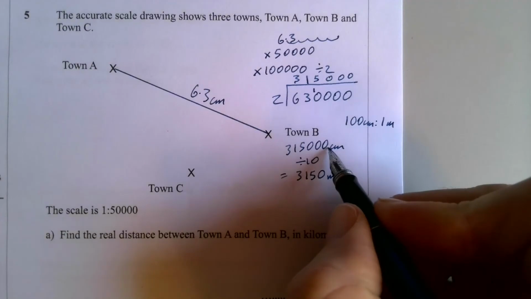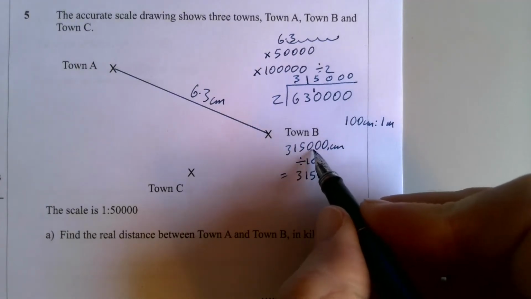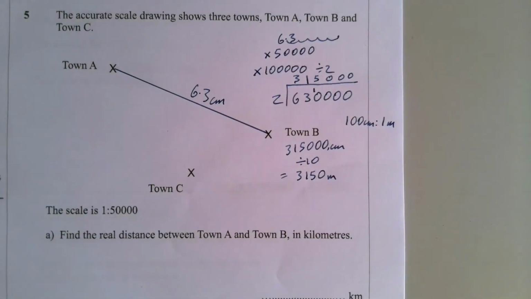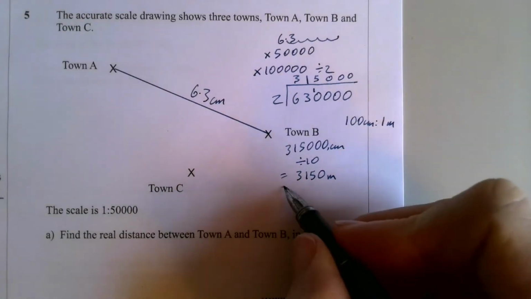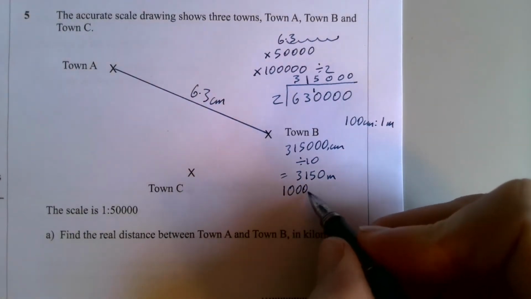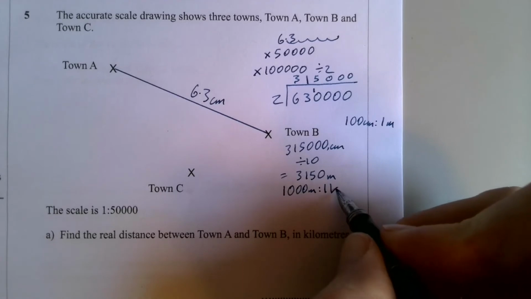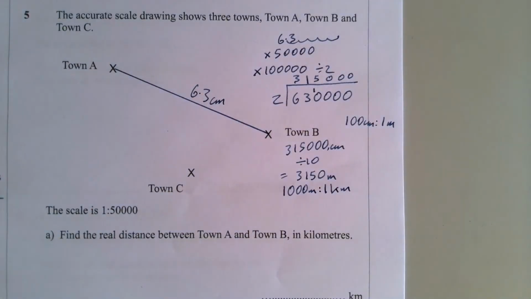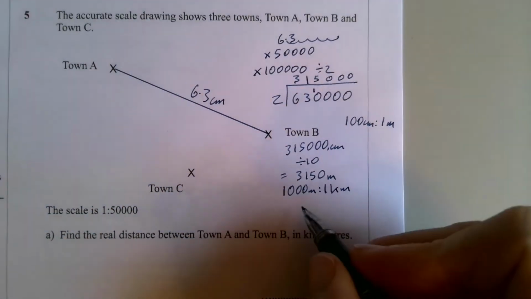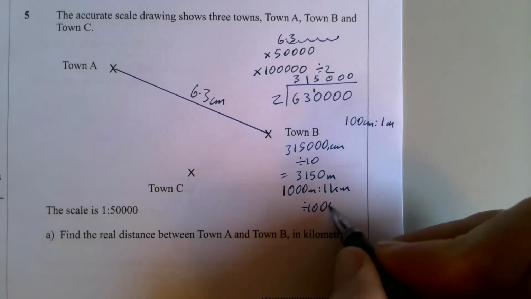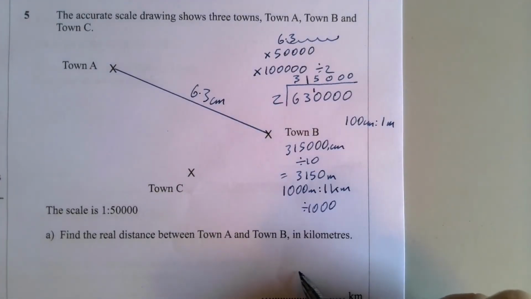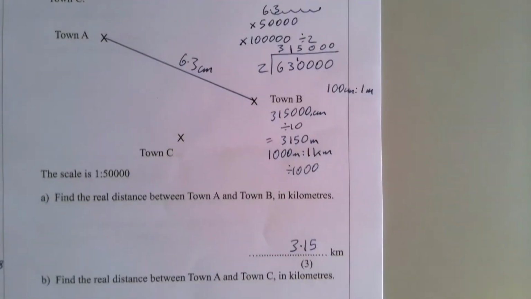I should say that's going to move the digits across 2 places. So 3,150 metres. Now 1,000 metres are in 1 kilometre. So we need to divide by 1,000 and we get 3.15 kilometres that we can write down there.